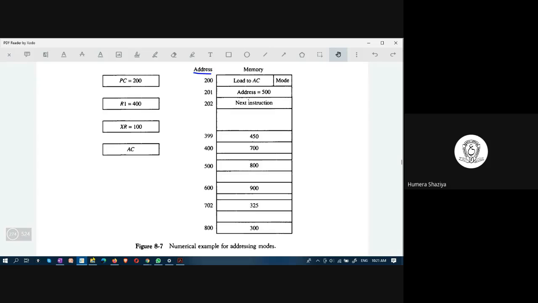At address 200, what is the instruction? Whatever is stored within memory, here you will find this instruction. This is also the next instruction. What is the instruction? Load to AC.